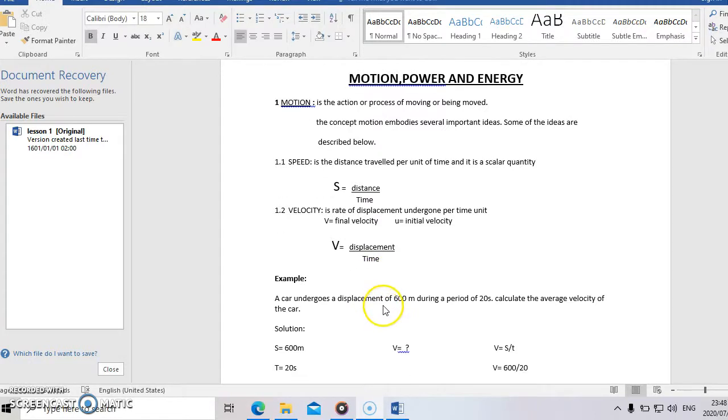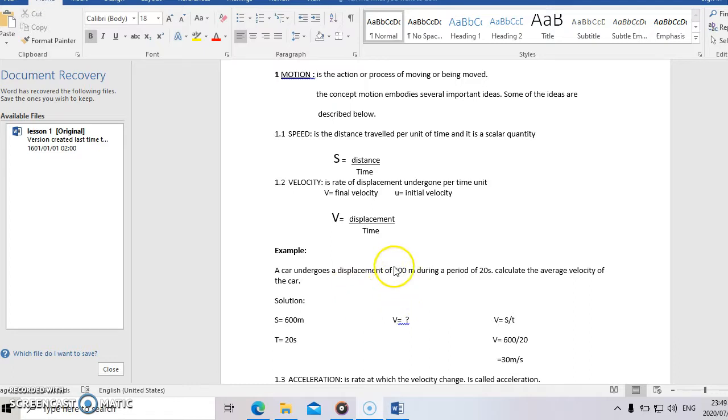So let us look at this example that we've got here. They say a car undergoes a displacement of 600 meters during a period of 20 seconds.